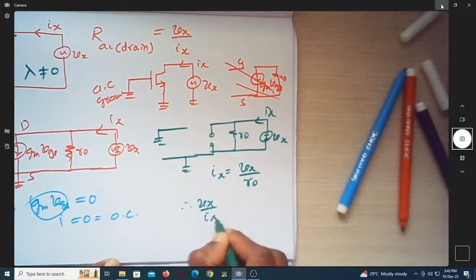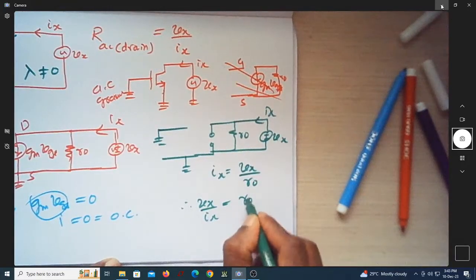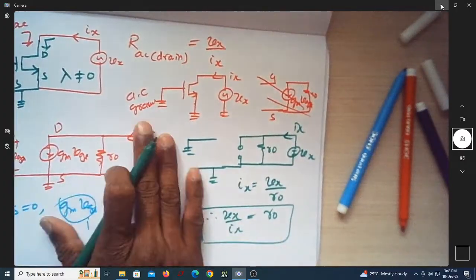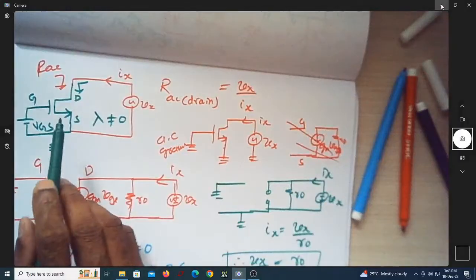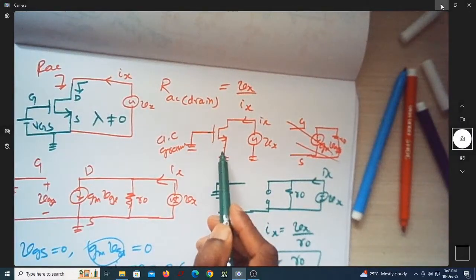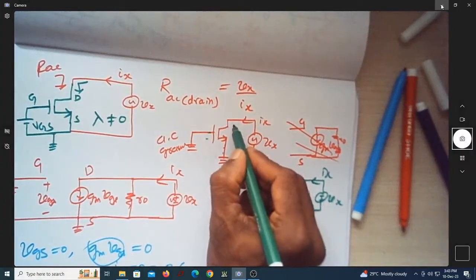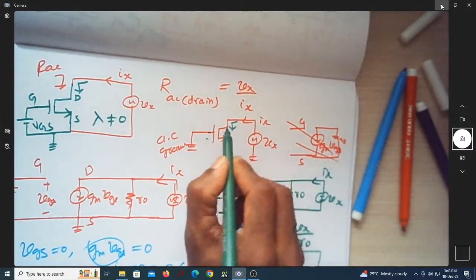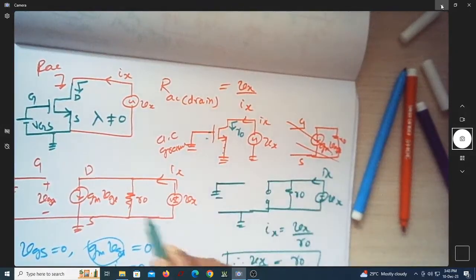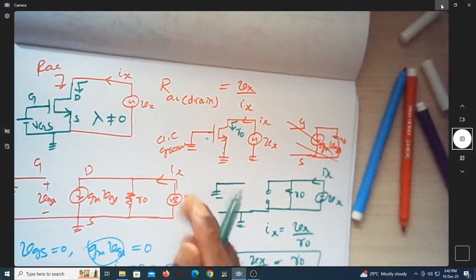Vx by Ix is now given by R0, meaning for a circuit in which gate and source are AC grounded, if you look towards the drain of any MOSFET, the resistance seen is R0.